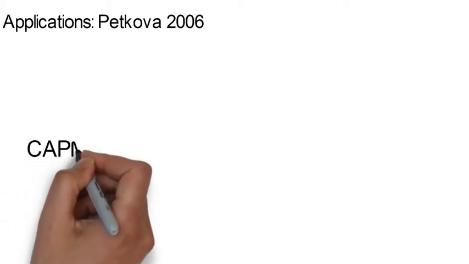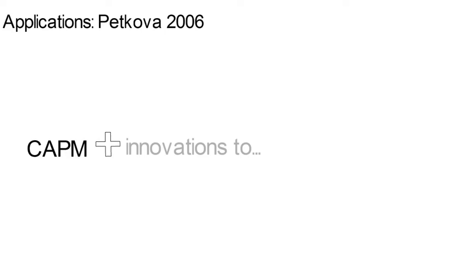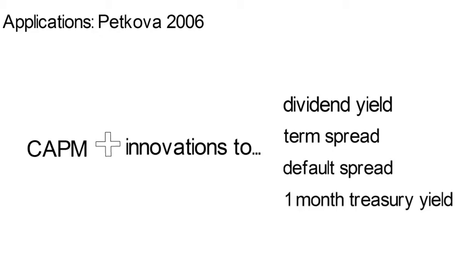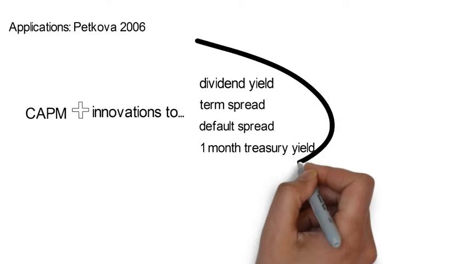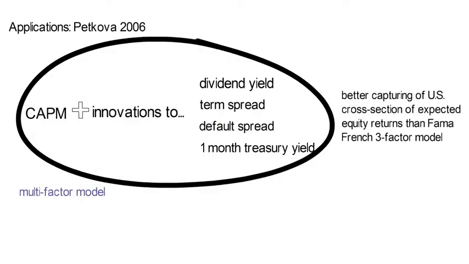Now, Petkova shows that a linear multi-factor model that extends the I-CAPM by innovations to the dividend yield, innovations to the term spread, innovations to the default spread, and innovations to the 1-month treasury yield captures the US cross-section of expected equity returns better than the Fama-French three-factor model.